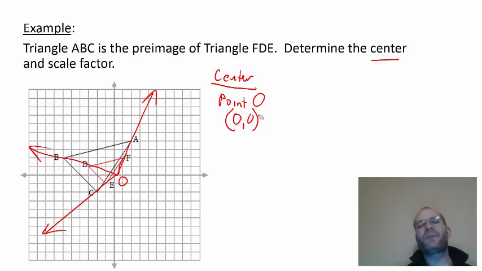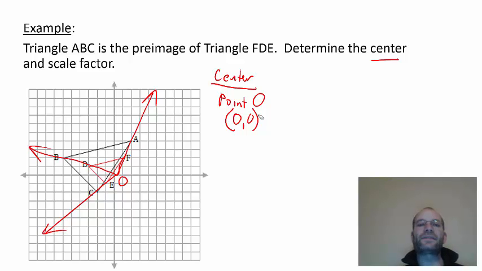Okay, now let me just pause here and say that this is no great coincidence. In fact, that's one of the reasons I chose this image. In dilations in geometry, almost always, almost invariably, the origin of the coordinate plane is set as the center of the dilation. I'm not saying that's always the case, but it almost always is the case.